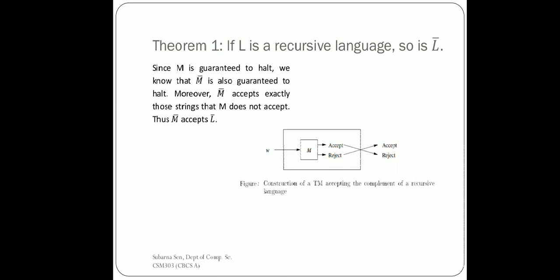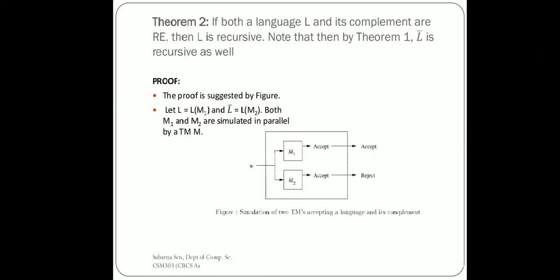Now let us see, is it true for recursively enumerable languages or not? The theorem says that if both a language L and its complement are recursively enumerable, then L is recursive. We have already seen that a language and its complement are closed under recursive.